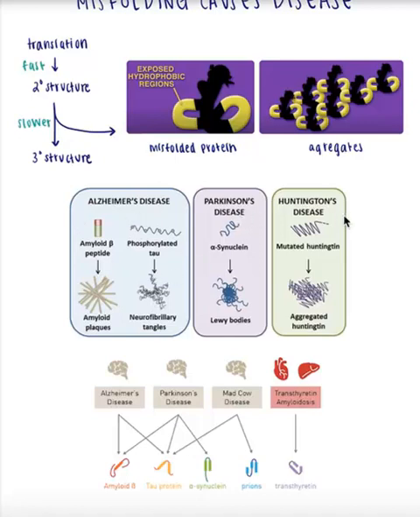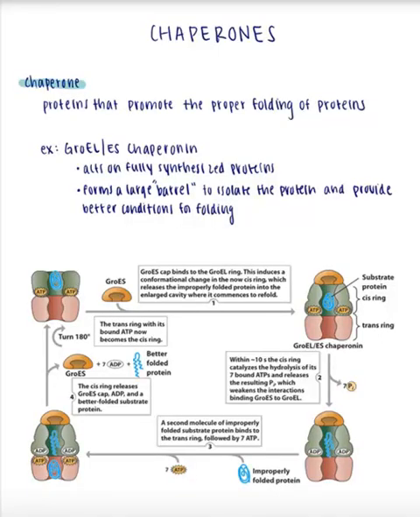The solution, however, is to try to minimize misfolding, and that's going to come in the shape of things called chaperones and proteasomes. So a chaperone is essentially just a protein that's going to promote and try to help make sure proteins are folded properly.